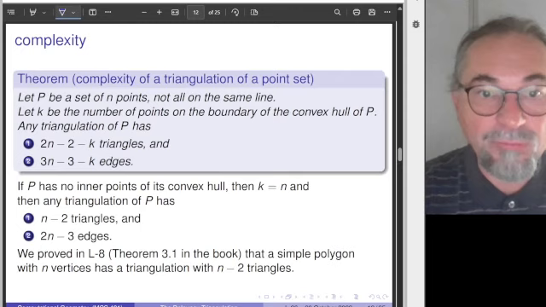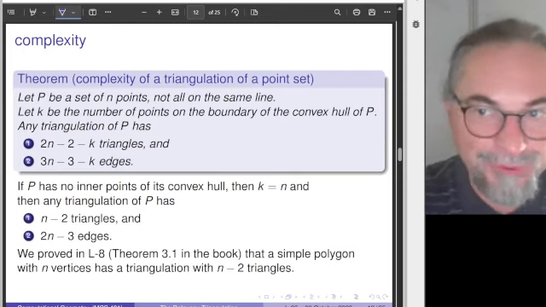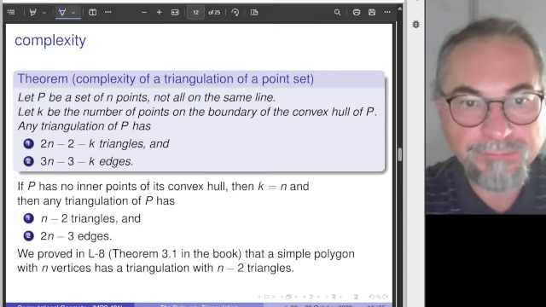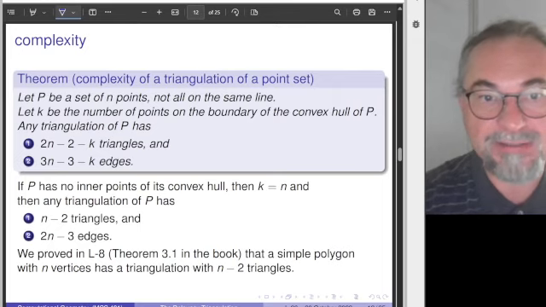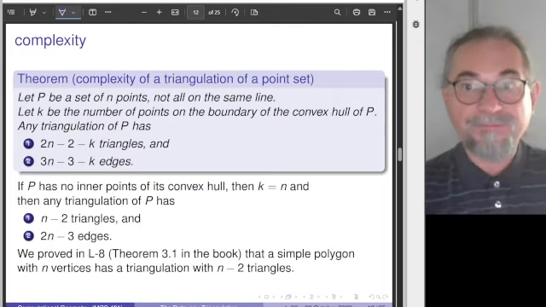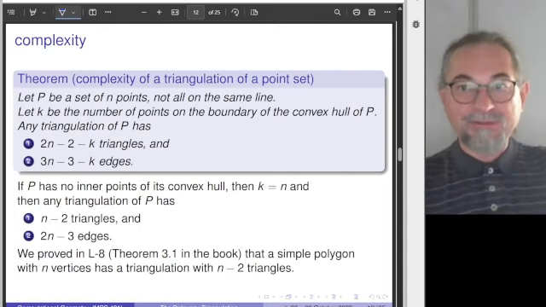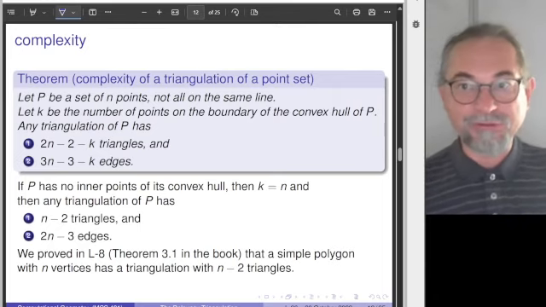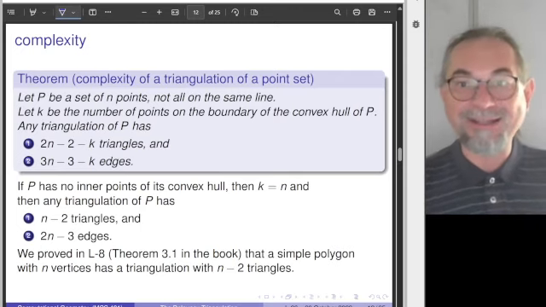However, now that the vertex set is the entire point set, we have more triangles. Actually, we have about double the amount of triangles, except that we still subtract k. We also have more edges. Now, in some sense, the theorem is a very nice theorem. The 2 and the 3 are constants, and they're still in front of the n, so it's still linear.